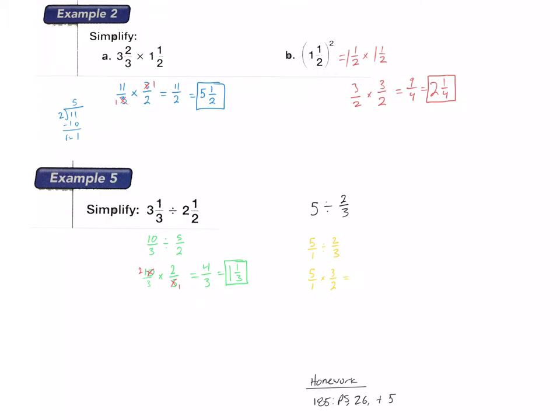Nothing to reduce down, so on top is going to be 5 times 3, 15. On the bottom, 1 times 2, which is 2. 2 goes into 15 7 times with a remainder of 1. So the answer is going to be 7 1/2.